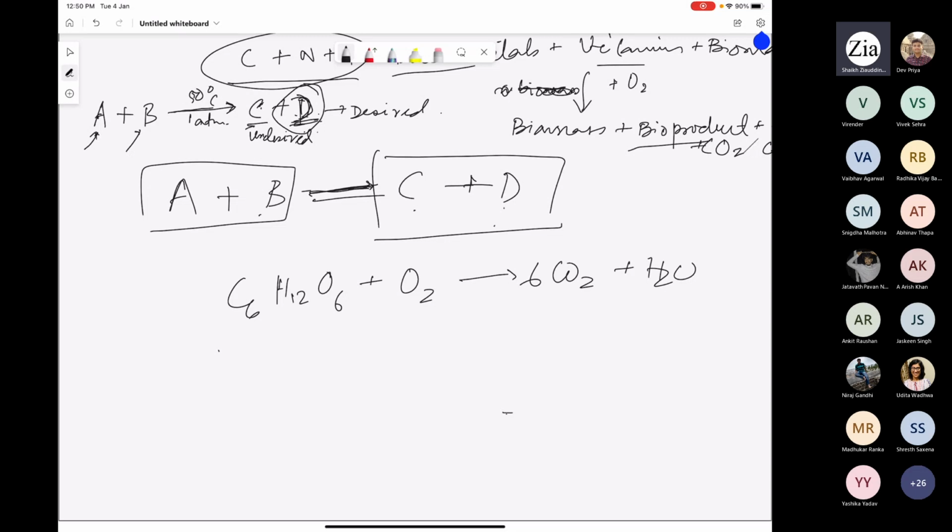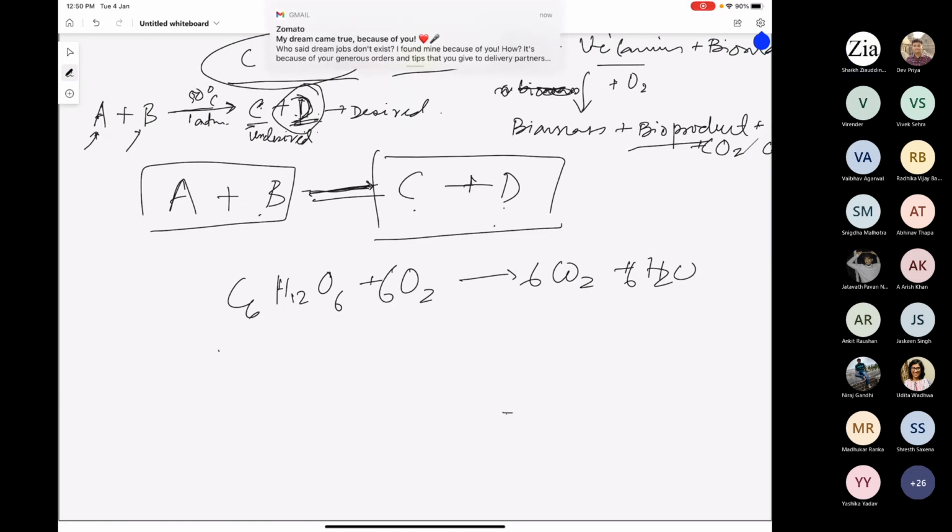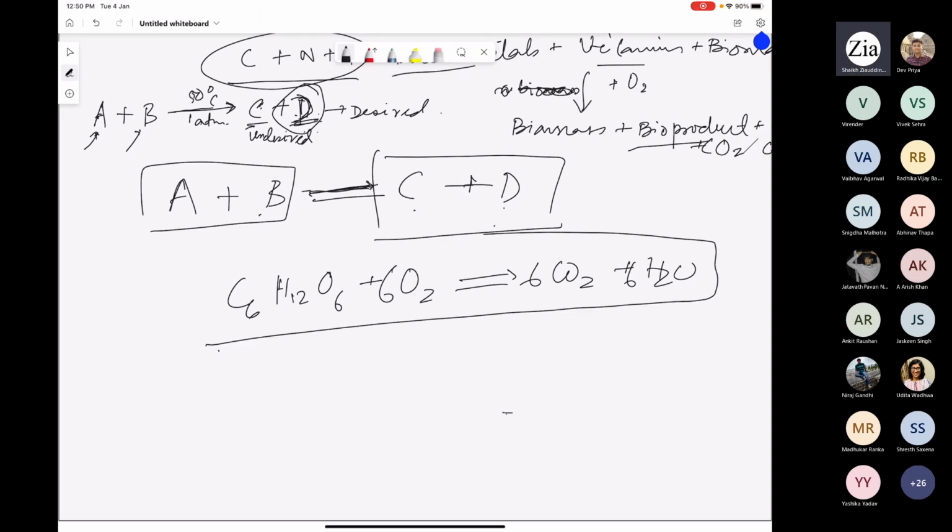And generally, when you try to balance the equation, this will give you the balanced equation. So if you know the balanced stoichiometric equation, then you can calculate how much glucose you require to produce 6 moles of carbon dioxide.